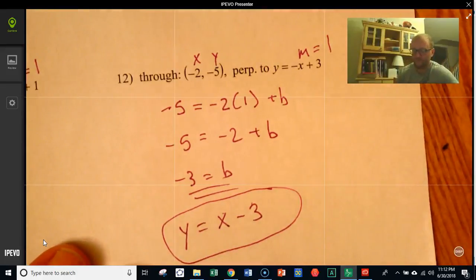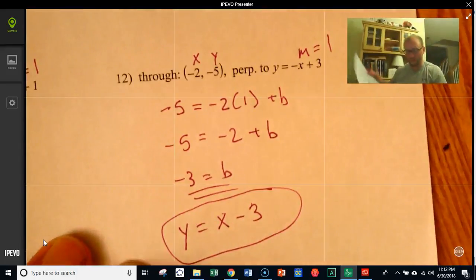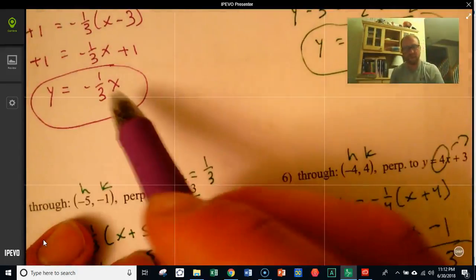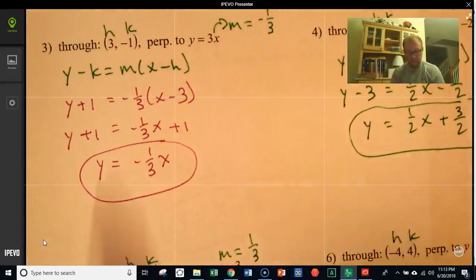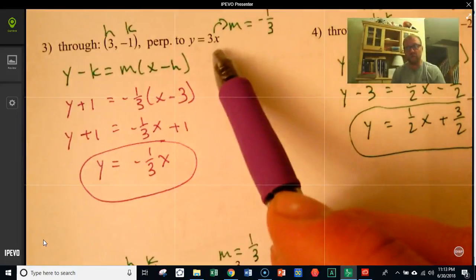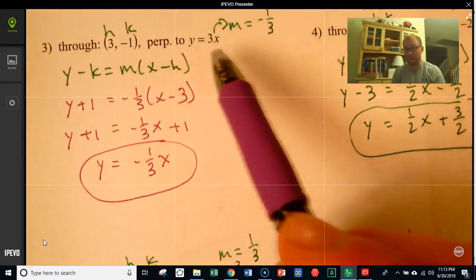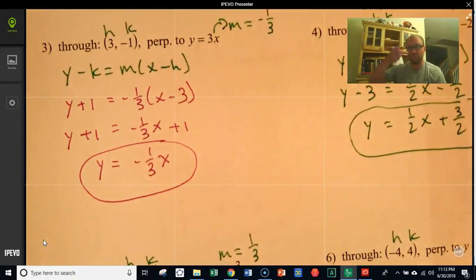And there we go. So, 2 possible ways to do it. Method 1, you're just going to fill in your slope-intercept form equation with your h, your k, and your slope, which is the negative reciprocal of the line that your line is perpendicular to. So we've got to take whatever this is, find its negative reciprocal, just flip it upside down and change the sign. Negative becomes positive, positive becomes negative.